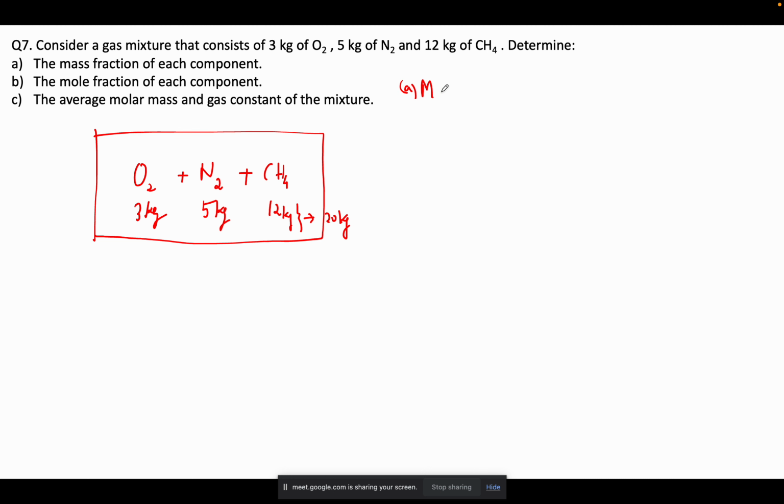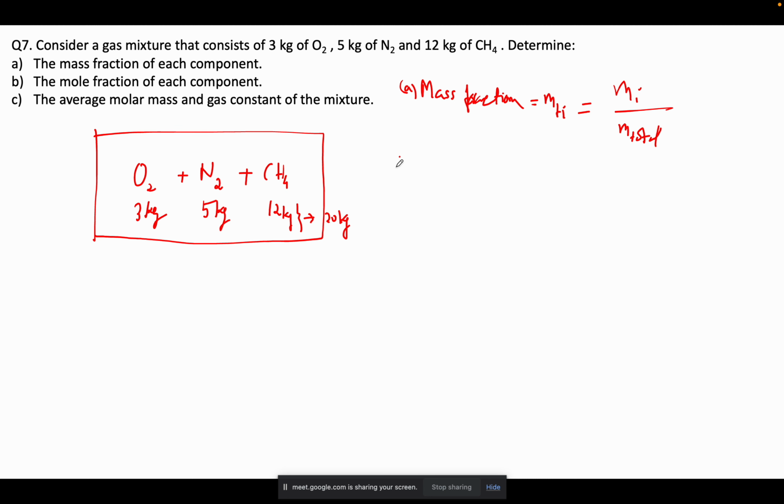So number 1, we have to calculate the mass fraction. Mass fraction, that is MFi, is nothing but Mi divided by M total.